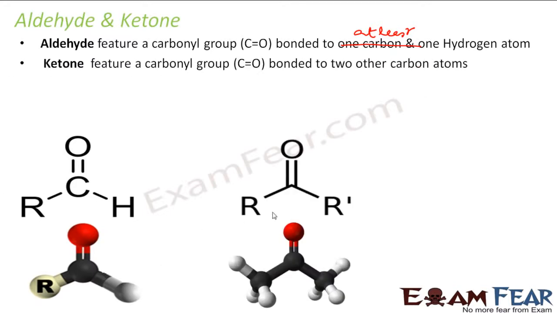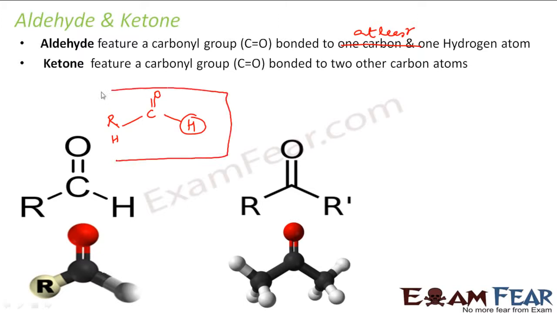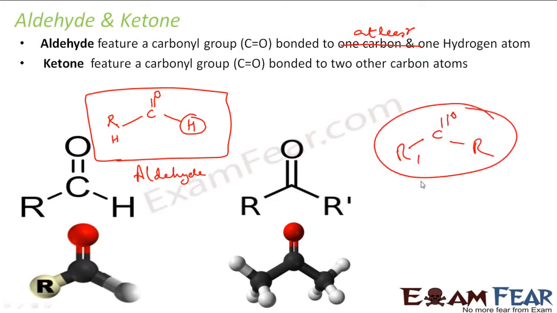And ketone, you have two other carbons. I'll explain once again. I have my carbonyl group. Carbon has 4 valency, so the 2 are left. So in this, at minimum, I should have one hydrogen that is fixed. Here I can have anything. I can have R or I can have H. This is my aldehyde. To talk about ketone, it says that both have to be some R. This is my ketone, right?